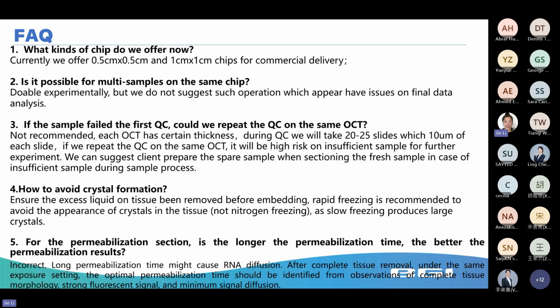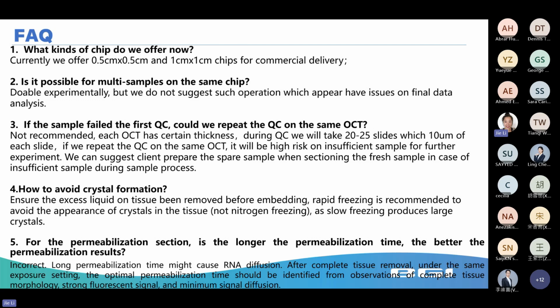For the third question: if the sample failed the first QC, could we repeat the QC on the same OCT sample? For this, we do not highly recommend it because, as I said earlier, for each OCT we have a certain thickness requirement.